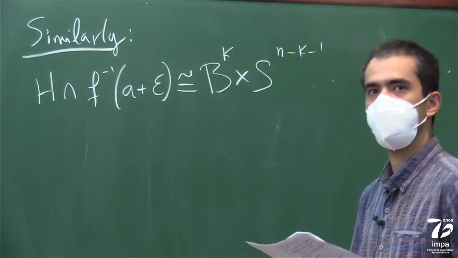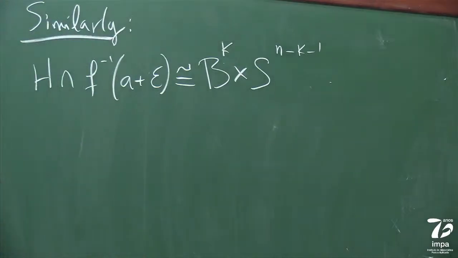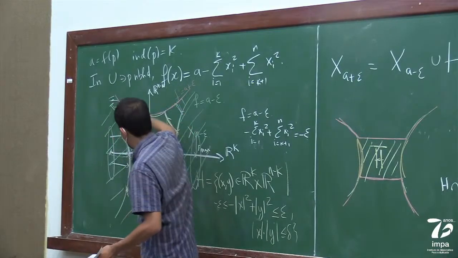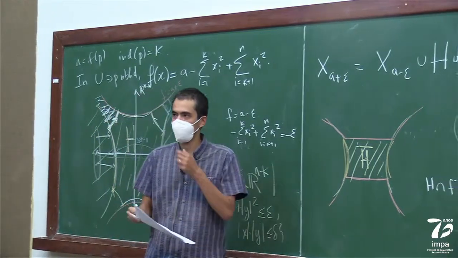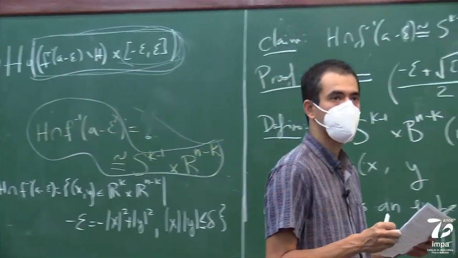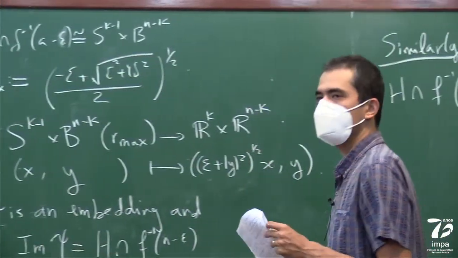Okay? So it's kind of the same thing. So you have your sphere in R^(n-k), and you thicken it. And that's what it is.